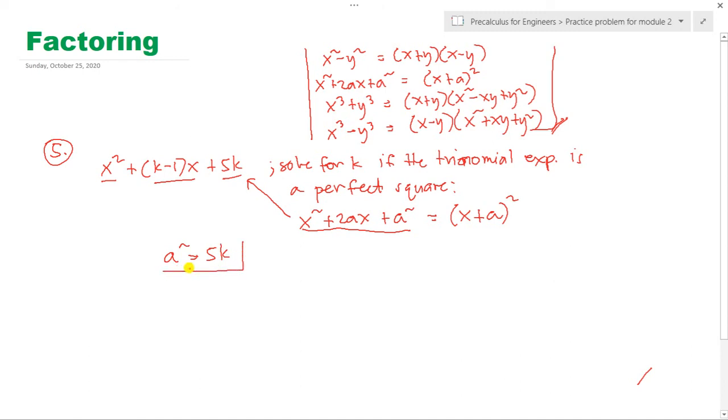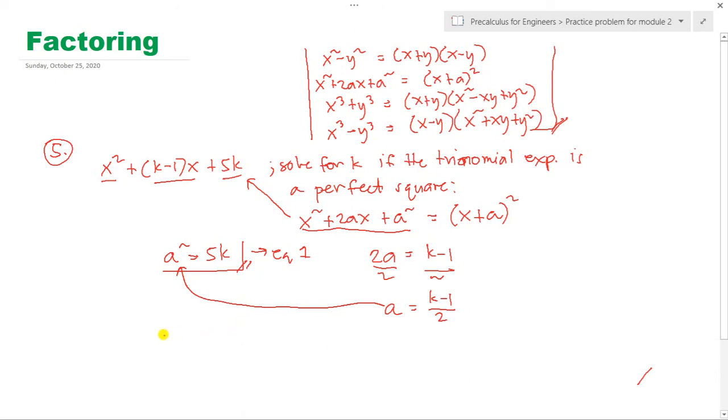So this is our equation 1. And for the middle term, our 2a is just equal to k minus 1. So if we solve for a, divide by 2, our a is equal to k minus 1 all over 2. And since we have our first equation, we can substitute the value of a into the first equation.